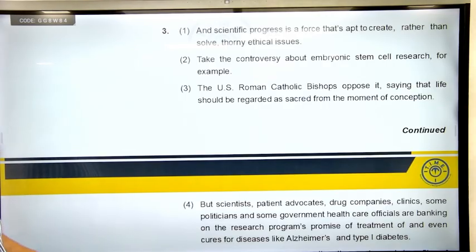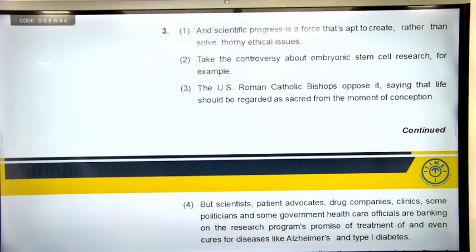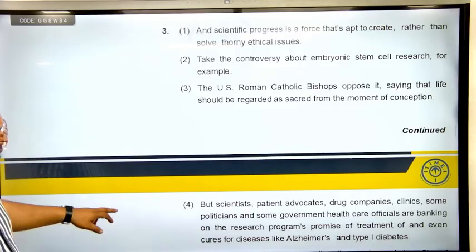But scientists, patient advocates, drug companies, clinics, some politicians, and some government healthcare officials are banking on the research programs' promise of treatment and even cures for diseases like Alzheimer's and type 1 diabetes.